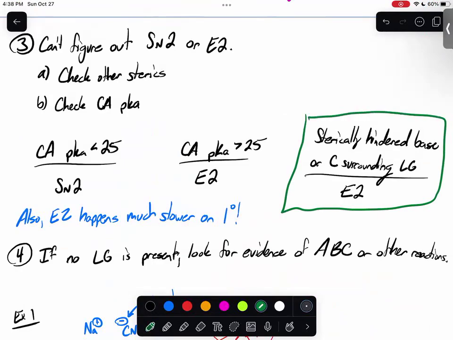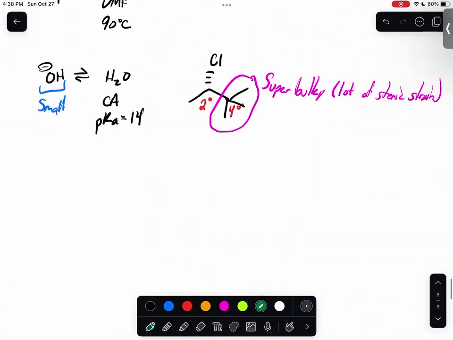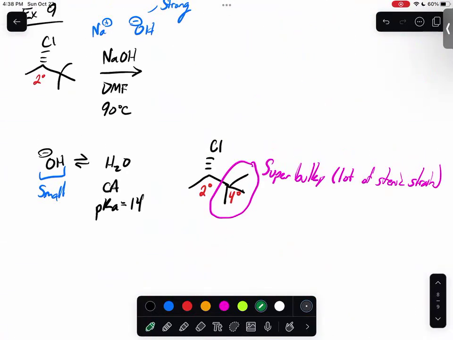The reason for that is examples such as this, where we now have this quaternary carbon that is close to our leaving group. It is adjacent. And so what this is going to do is SN2 will be very slow.